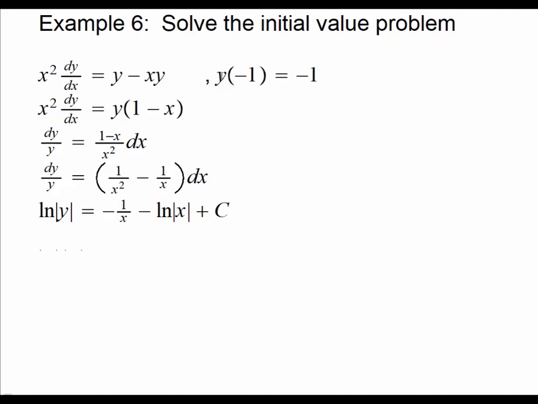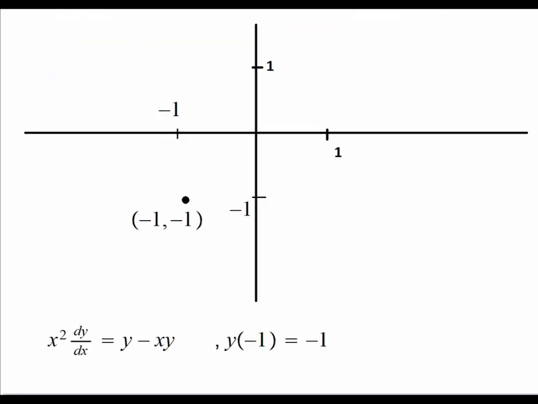Now we have this initial condition given, right? Okay, so what does that mean is this, that we are in a neighborhood of -1, -1. So what we mean is the following. Again, our situation is this, that we are solving this initial value problem and we are looking in a neighborhood of -1, -1.